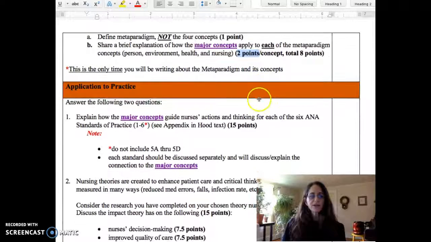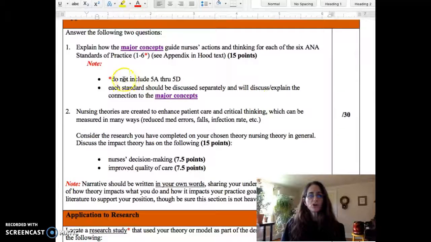Then moving down to the practice. So when you're working with the 6 standards, choose a concept that best fits assessment. So self-care, right? Self-care, you're going to assess what is your patient's ability to provide self-care. Does the patient bathe themselves? Okay, that could be an example.